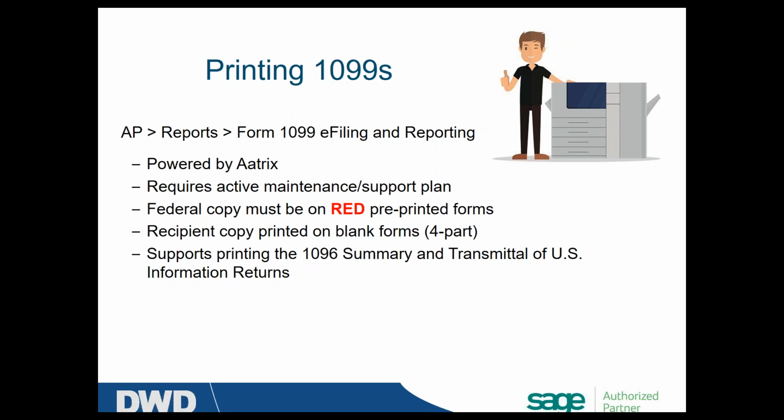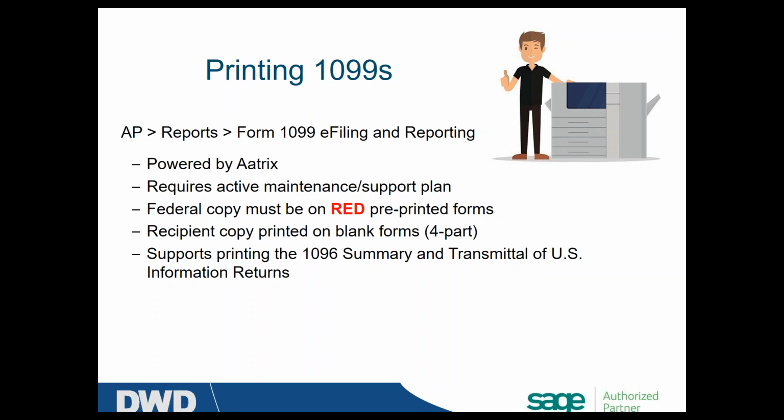Since we're still in accounts payable, I want to go ahead and talk a little bit about handling 1099s. And 1099 reporting and filing is handled through a utility that is produced by a company called Atrix. It is an add-in that works directly with Sage 100 as well as a number of other accounting software packages.